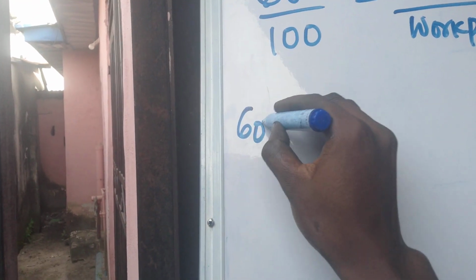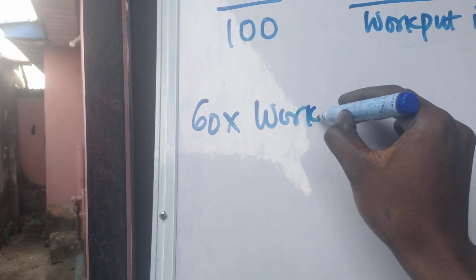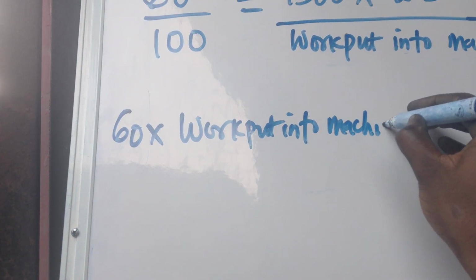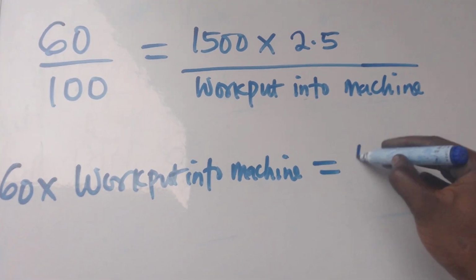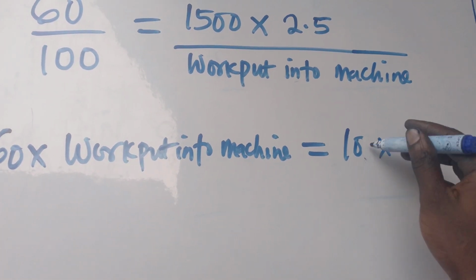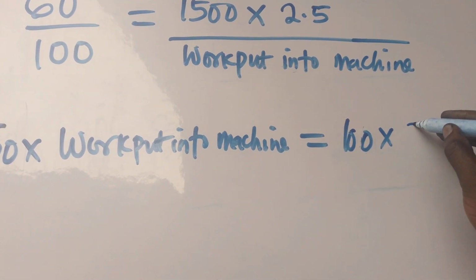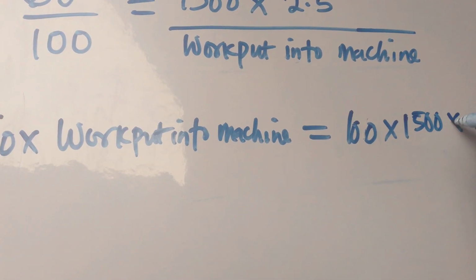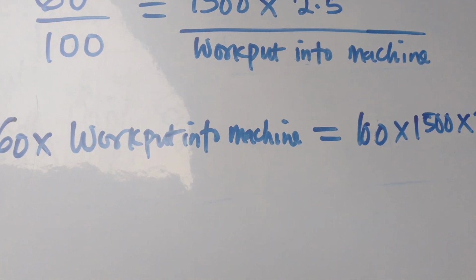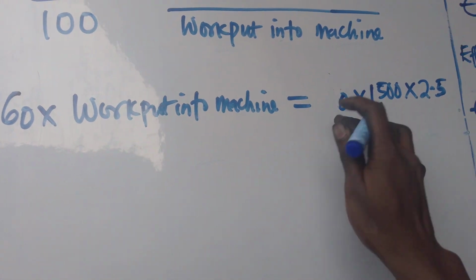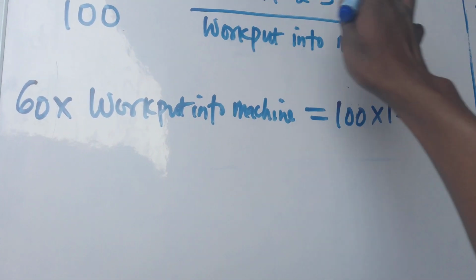That will be 60 times work put into machine equals 100 times 1500 times 2.5. Okay, so that is this times the whole of this.